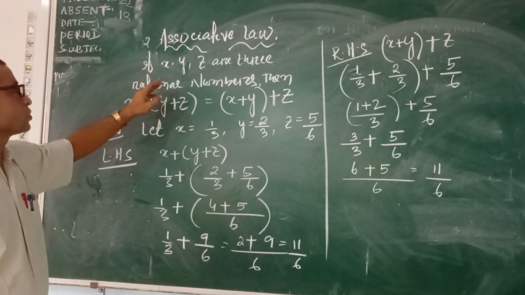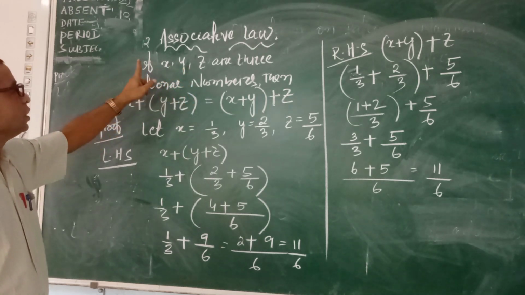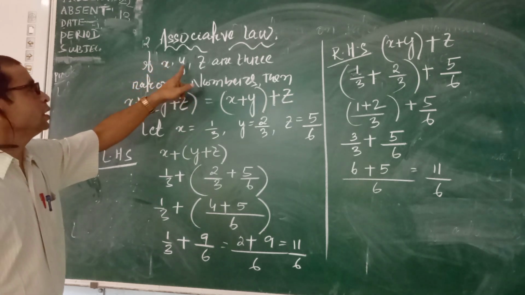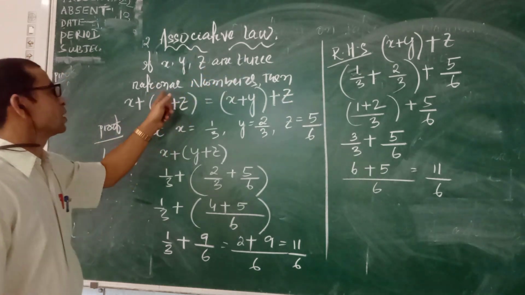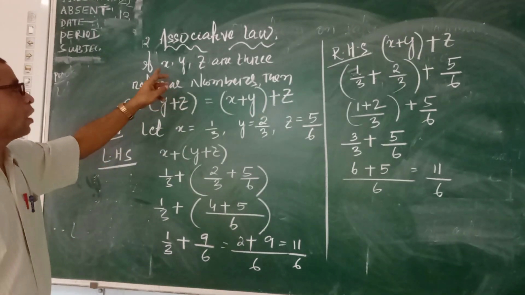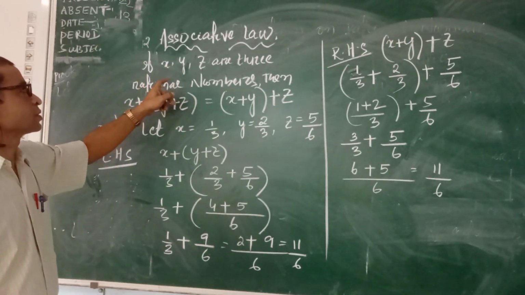So let us discuss what the associative law is. If x, y and z are three rational numbers, again I am telling you, how many rational numbers? Three rational numbers.